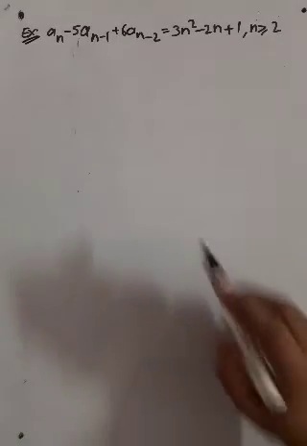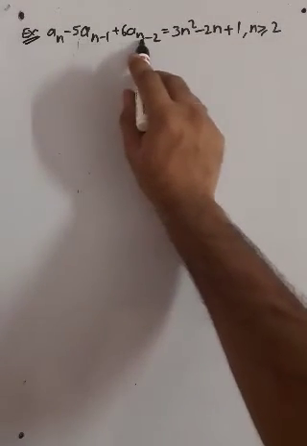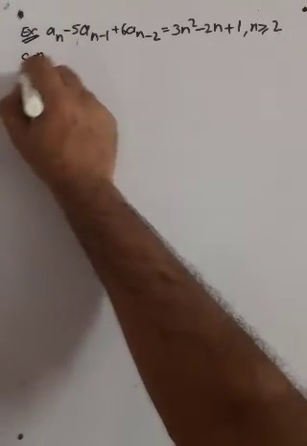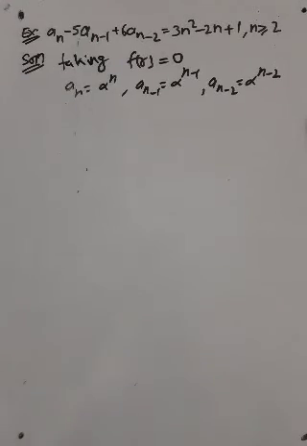Now, another question. It can be written in the form of N, not R. Now its solution. For the solution, taking FR equal to 0, AN is equal to alpha raised to N, AN minus 1 is equal to alpha raised to N minus 1, and AN minus 2 is equal to alpha power N minus 2.